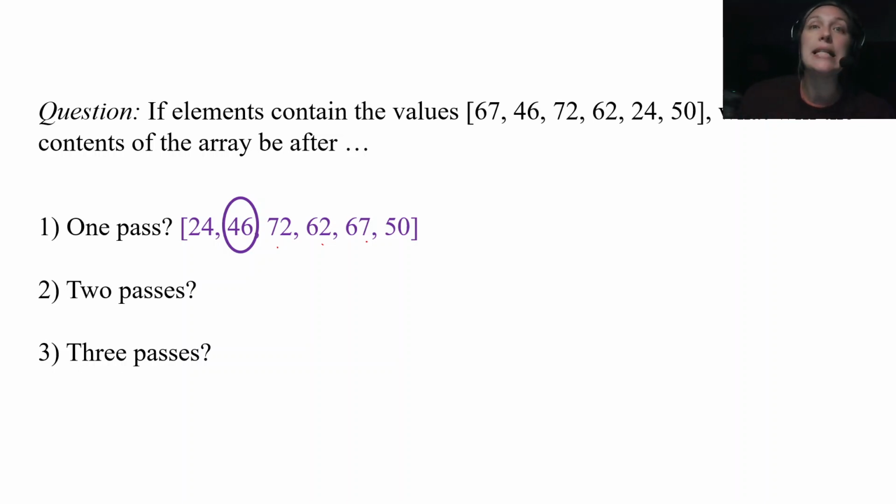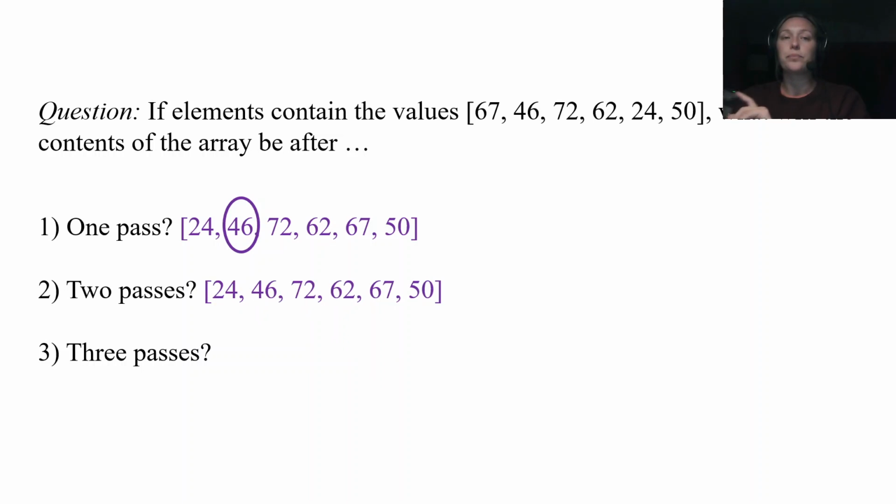And if the min index never changes, that means min index and j are the same number. So when I go through that swapping algorithm at the bottom there, that swapping algorithm doesn't really swap anything because it's the same element. So after 2 passes, my array looks the exact same. I didn't swap anything because there was nothing smaller to the right of 46.